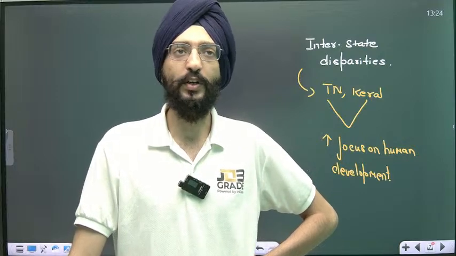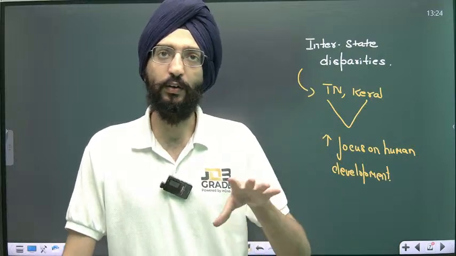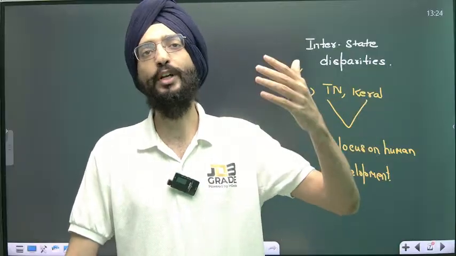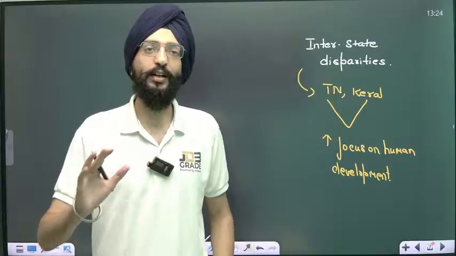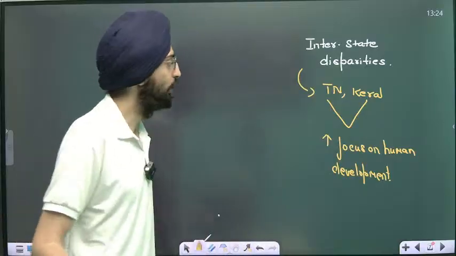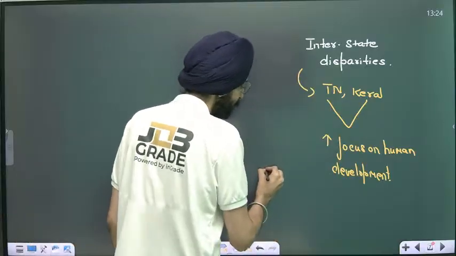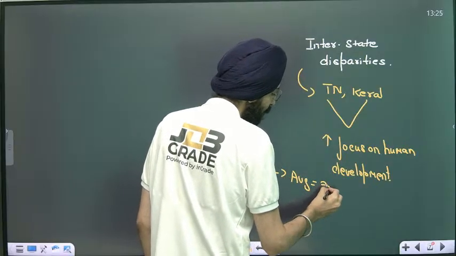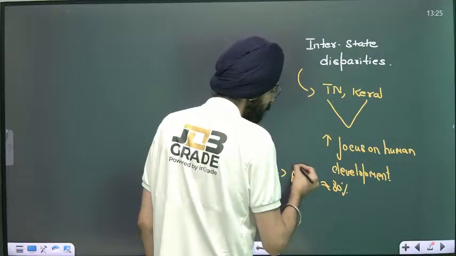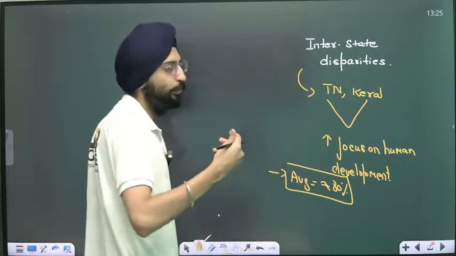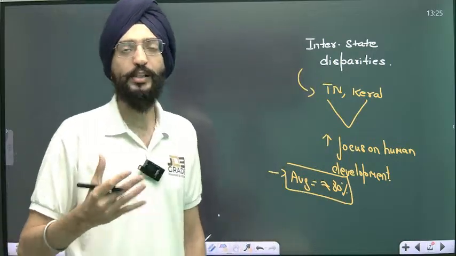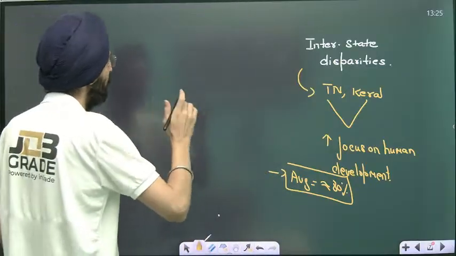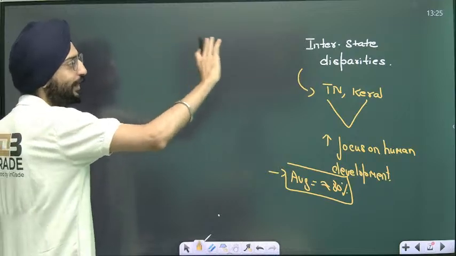The average Indian literacy rate stands at approximately 80%. But if you look at the Bimaru states like Bihar and UP, it is way less than the average out there.